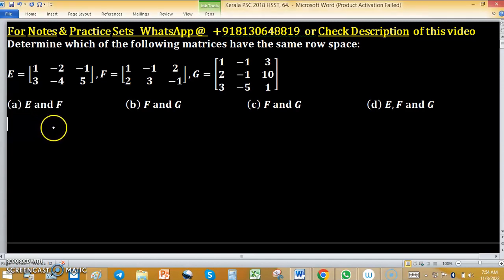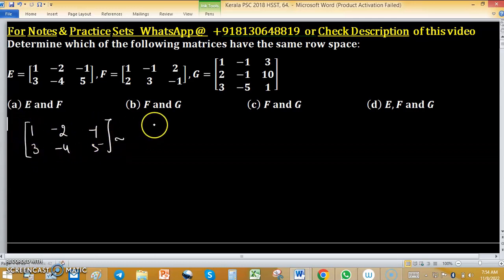Determine which of the following matrices have the same row space. Same row space matrices have the same rank. So we are trying to find out the rank of the given matrices E, F and G. First matrix is 1, minus 2, minus 1, 3, minus 4, 5. Apply elementary row operation.